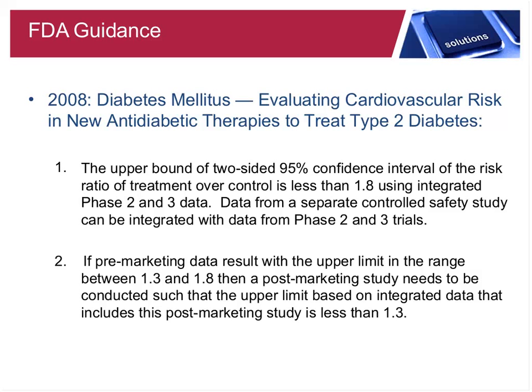And then for the post-marketing, there will be an additional requirement, and that is that the upper limit of the confidence interval of the risk ratio of treatment over control is less than 1.3.